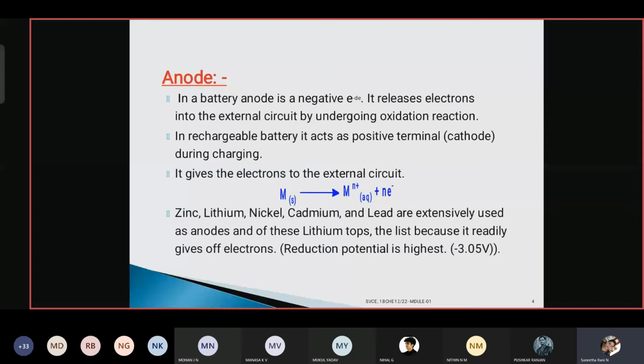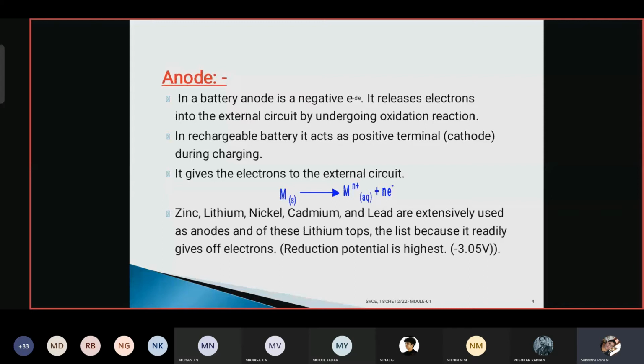It should liberate the electrons in such a way that they pass to the external circuit. Most of the electrodes we choose for the anode are zinc, lithium, nickel, cadmium, and lead.